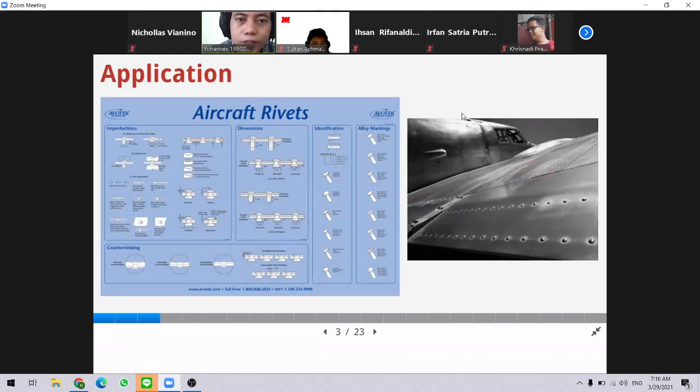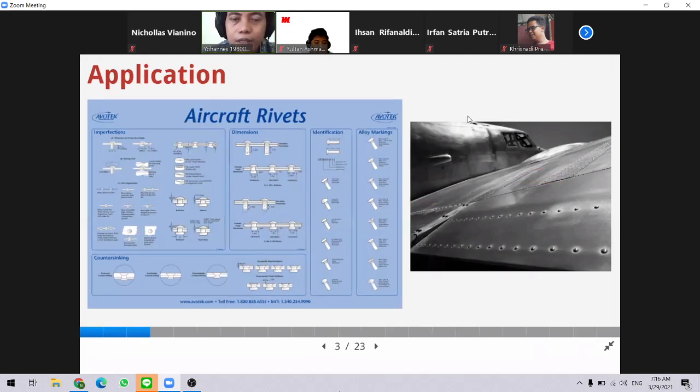And here you see an example of the application of rivet joints. Here we have a very good example: the airplane. This is the head, and this is the wing. You can see there are many rivets on the body of the airplane.